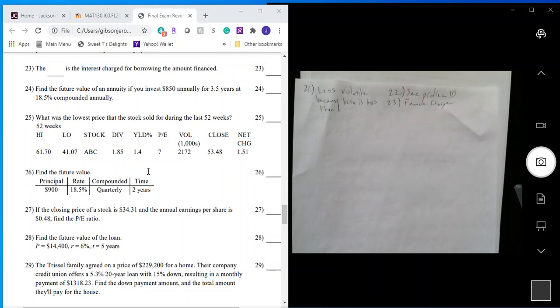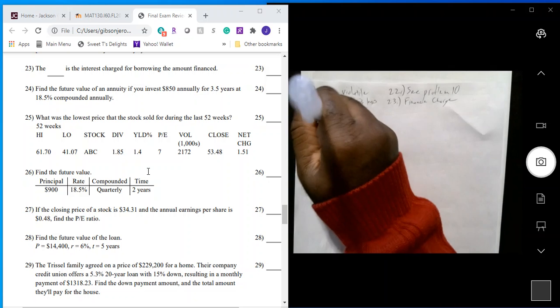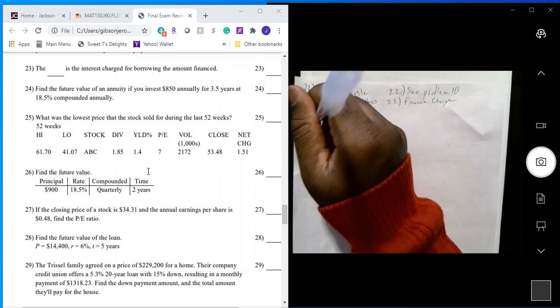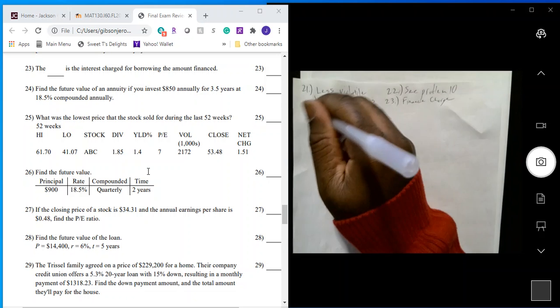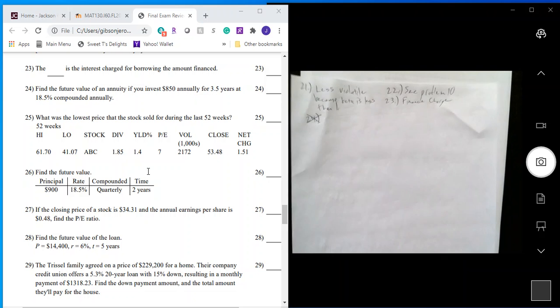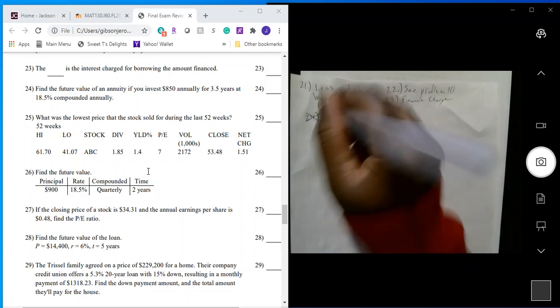It says find the future value of an annuity if you invest $850 annually for 3.5 years at 18.5% compounded annually. Now, problem 24, we did not cover. So you don't have to worry about problem 24. So 24, you can X that out. Don't have to worry about that.